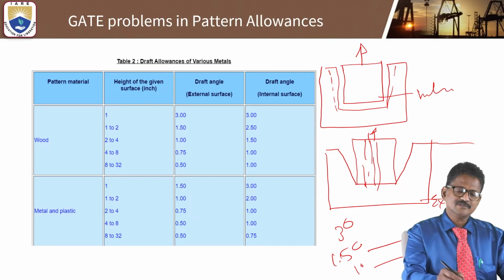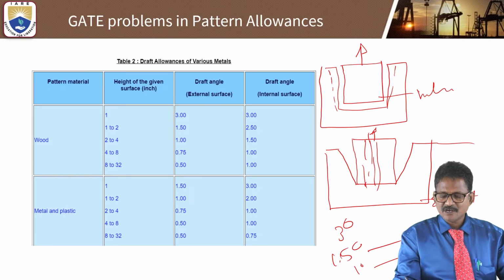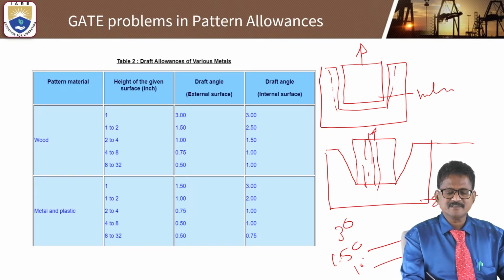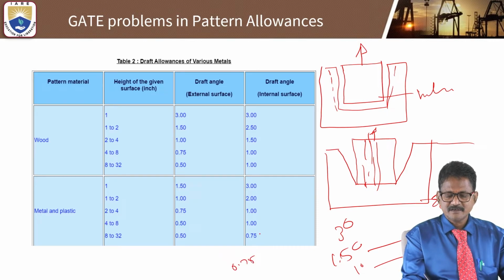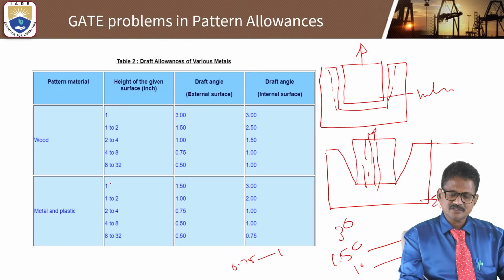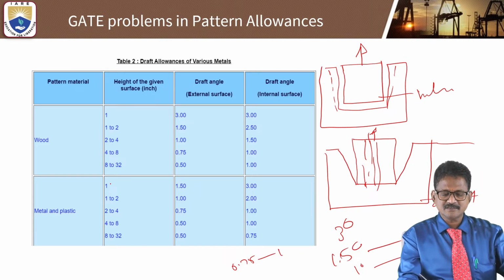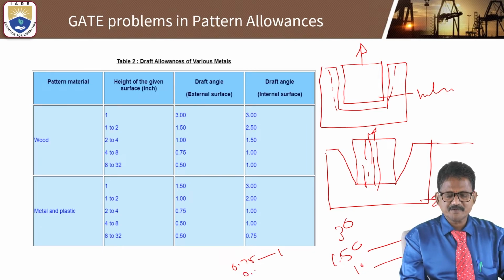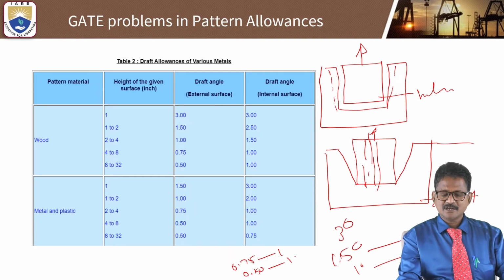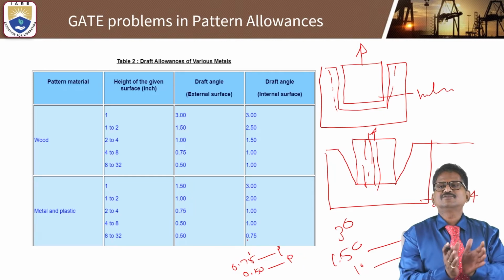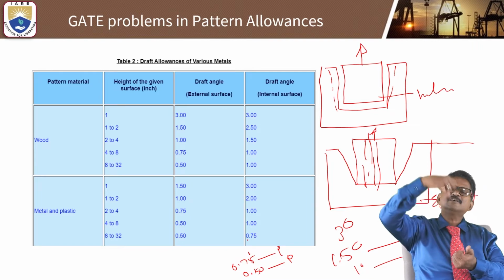If it is 4 to, as the height increases, the angle provided should be reduced to 0.75, and the internal draft is 1. If it is 8 to 32 mm of height, very long height, the external draft will be 0.50 and the internal draft will be 1 degree, added in order to allow easy withdrawal of the pattern.